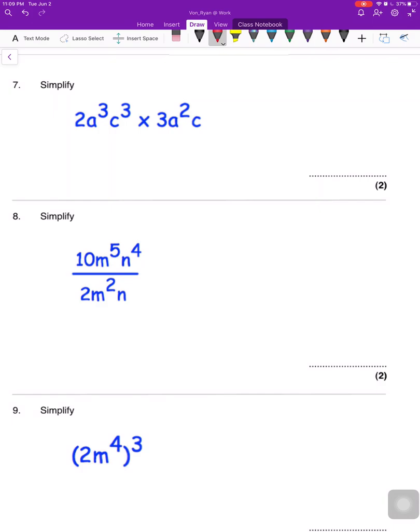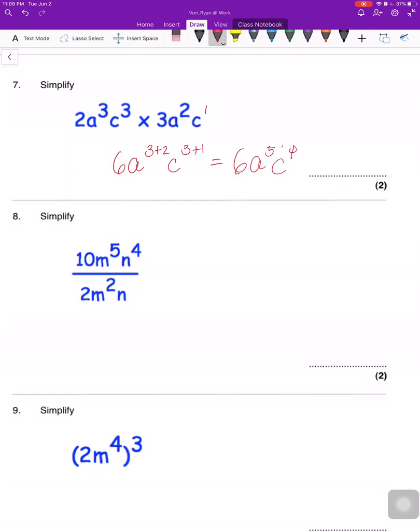So it's multiplication. So 2a cubed c cubed times 3a squared c. So we multiply the coefficients. So 2 times 3 is 6. A raised to 3 plus 2. C raised to 3 plus, there's an invisible 1 there, plus 1. The final answer is 6a raised to 5, c raised to 4.